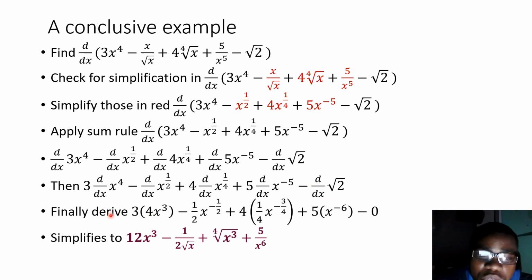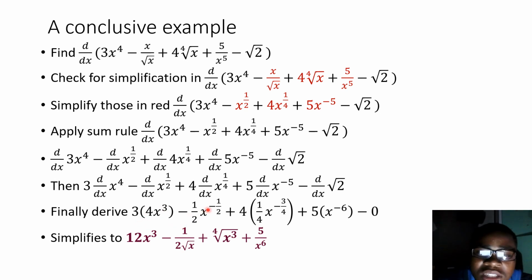Now we continue. Finally, we're going to derive. Here we derive x^4: we multiply 4 with the existing coefficient, and we'll have 4x cubed, whereby 4 minus 1 is 3. There we have our derivative multiplied by its constant.